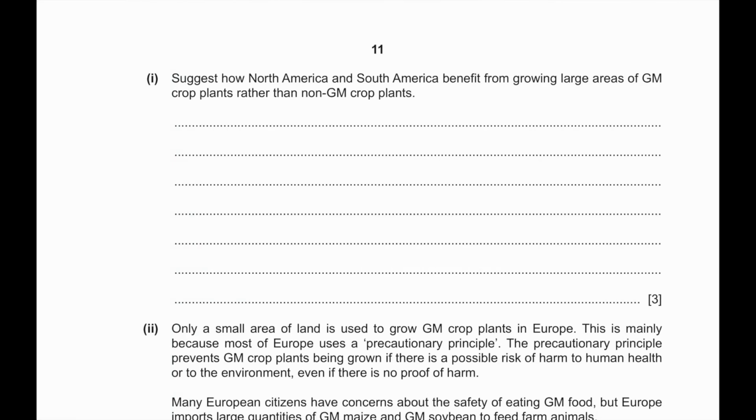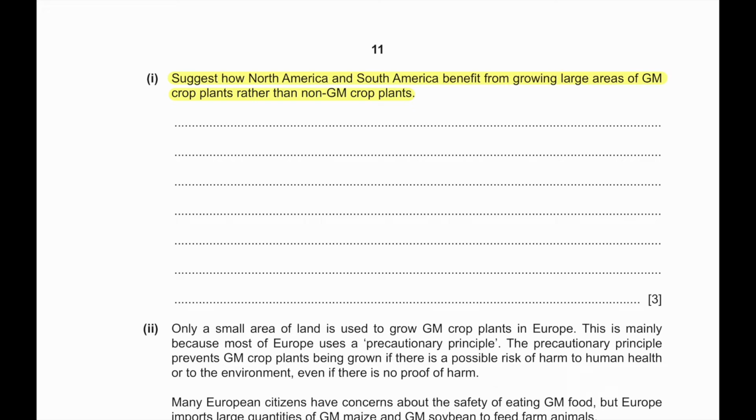Alright, so let's carry on. Suggest how North America and South America benefit from growing large scales of GM crop plants rather than non-GM crop plants. So basically here, it doesn't matter with the country. We just have to give the advantages of genetically modified crops. GM crops produce more yield at harvest.